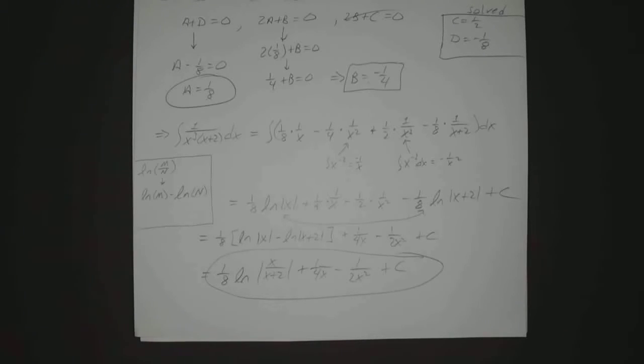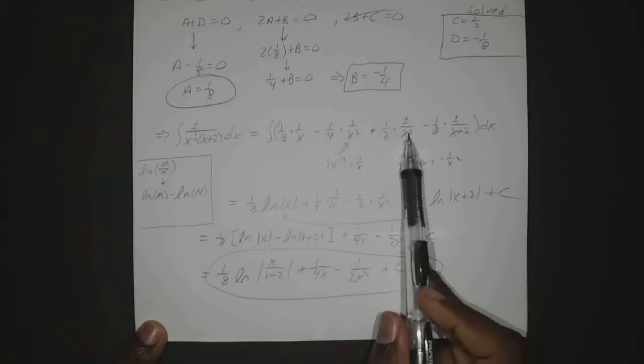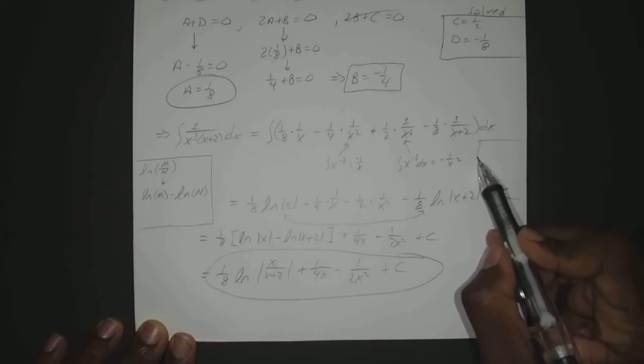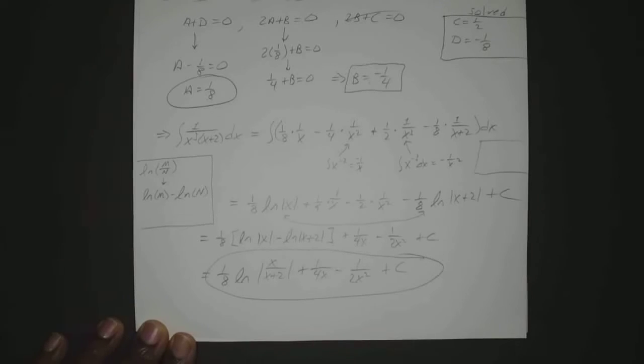Yes? For integrating the x to the negative third, doesn't that turn out to be negative 1 over 2x squared? Yep, didn't I put negative 1 over 2x squared? No, because that's 1/2 times 1 over x squared, because there was a 1/2 in the original. Well, the integration of x to the negative third would turn out to be x to the negative 2 over negative 2.